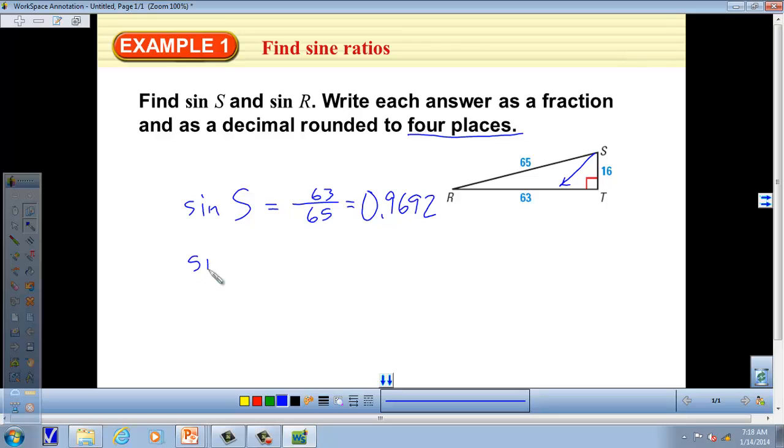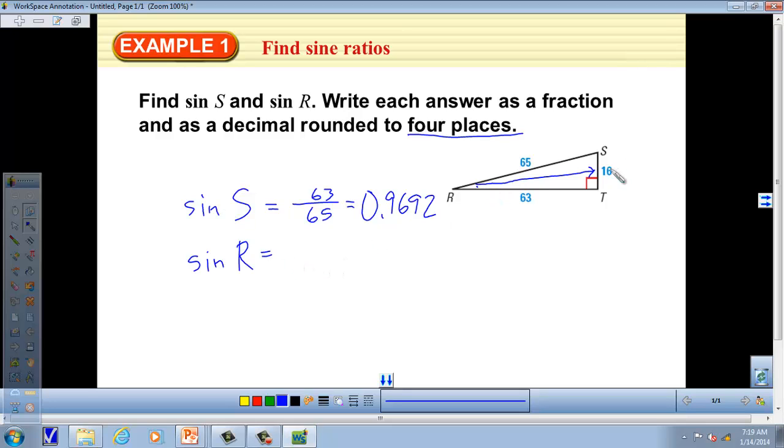Now we want to do sine of R. And again, this is just a relationship between sides, and what we'll find out in a bit, actually I think in the next section, is that this is very closely related to the actual angles. We can use this ratio to find out what the angle is.